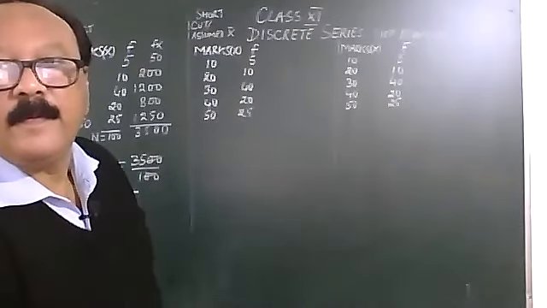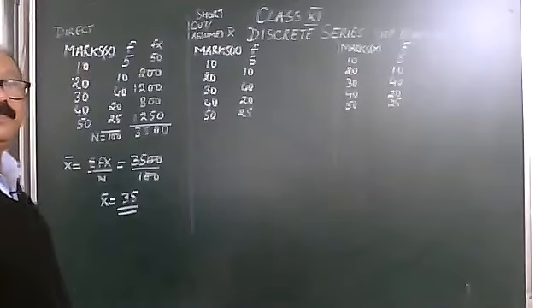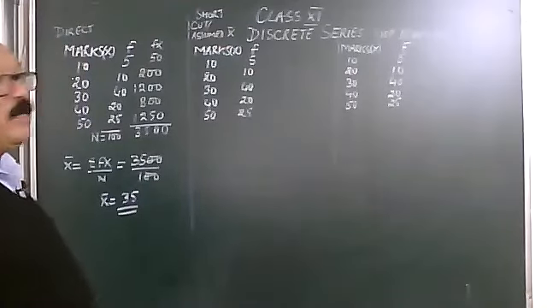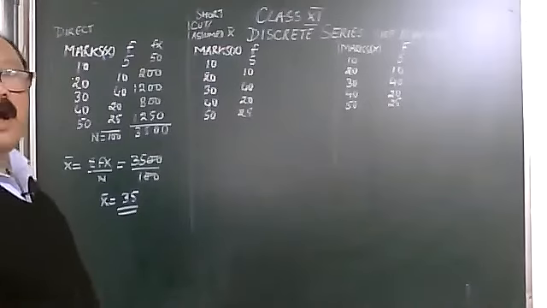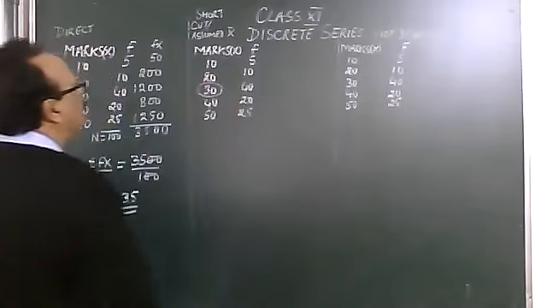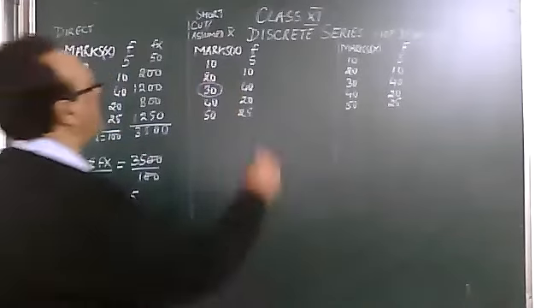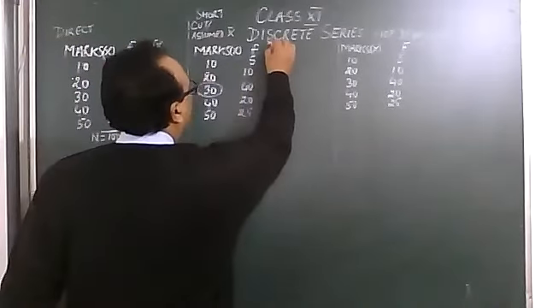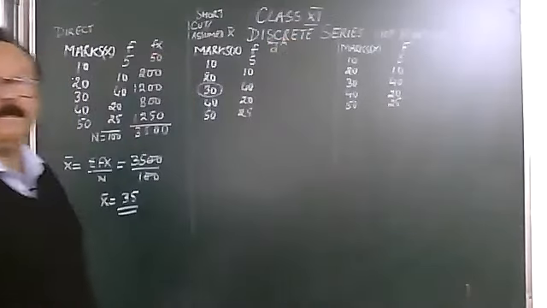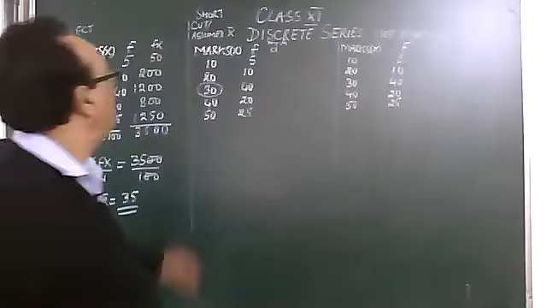Next, we do it by the assumed mean method. How do you assume? Let us assume any value from the variable, and here we will get x minus a to give us d, that is the deviations.